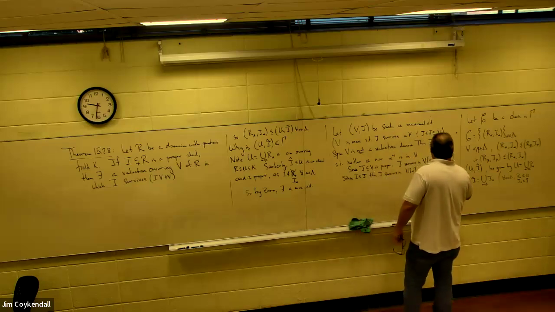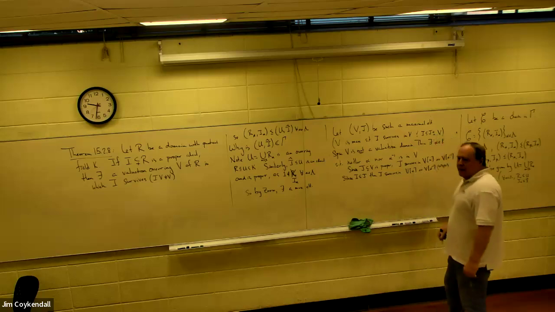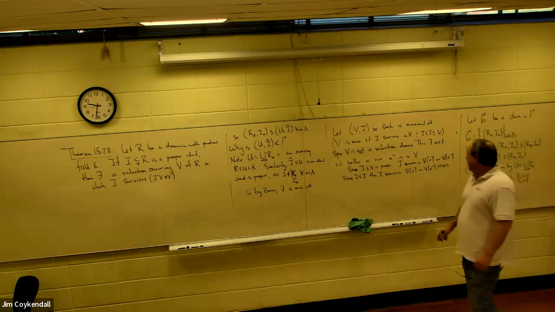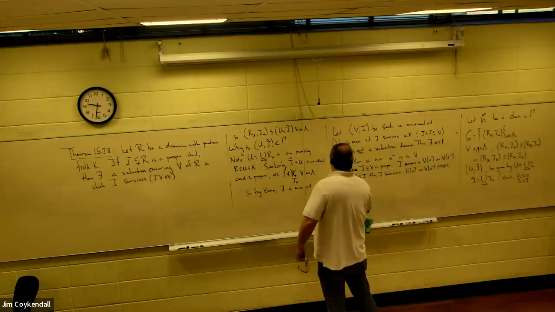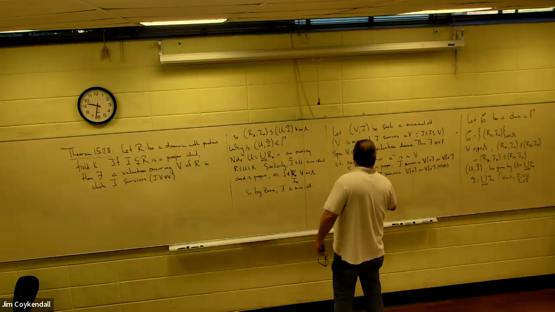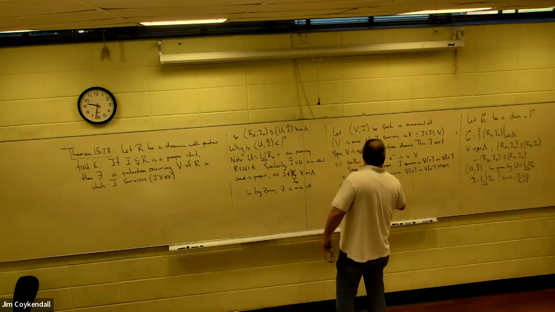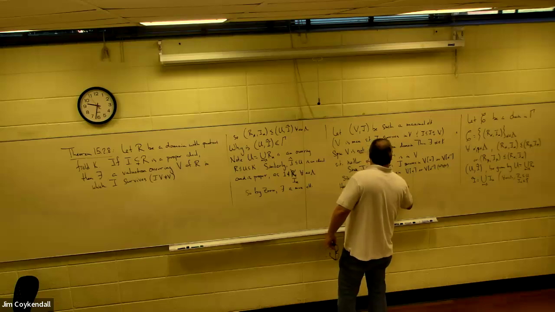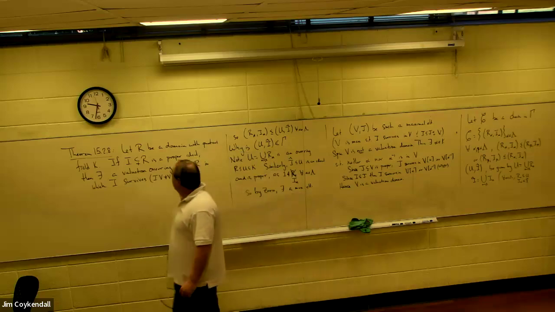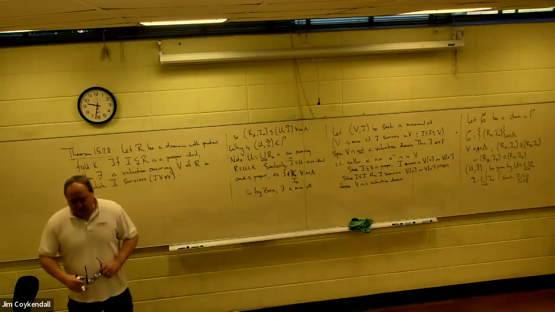This is a contradiction because V was maximal with respect to the property that I survives. Hence, V is a valuation domain. So this gives us the theorem that we want.